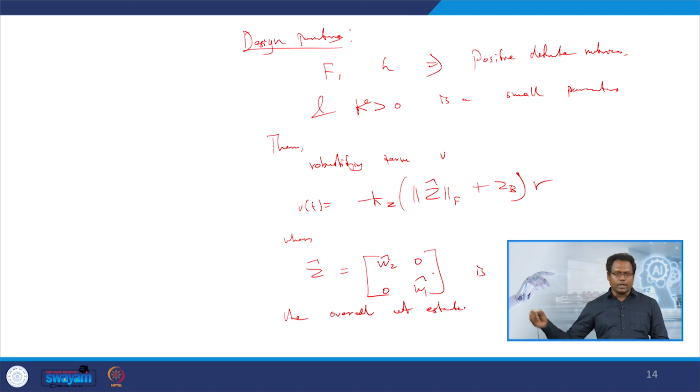That is, w1 hat and w2 hat collectively are called the overall weight estimate of the network, represented by the matrix z hat, which is called the overall weight estimate matrix.